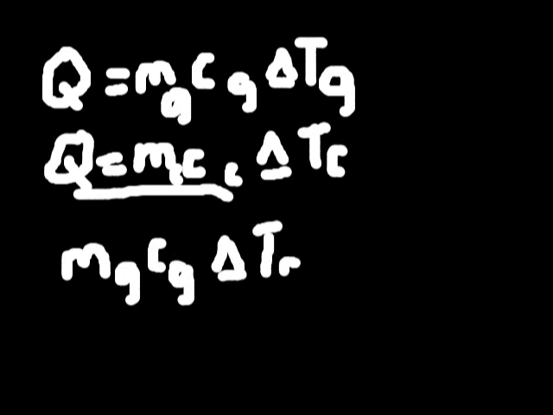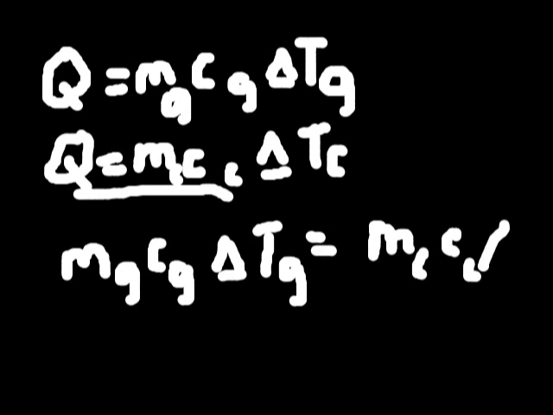So we're setting these together because we know that the heat lost by one object will be gained by the other object. So the heat gained by the gold will be equal to the heat lost by the copper, which equals mc Cc change in Tc.